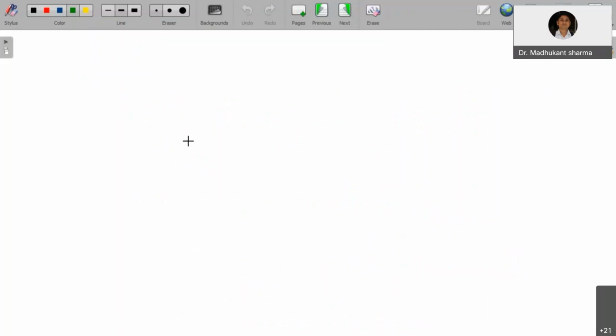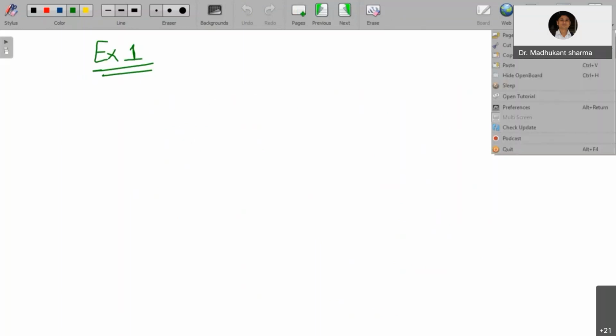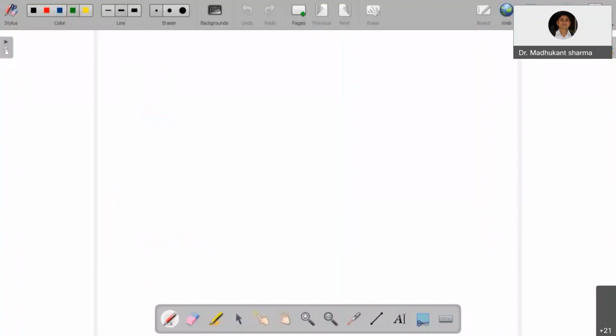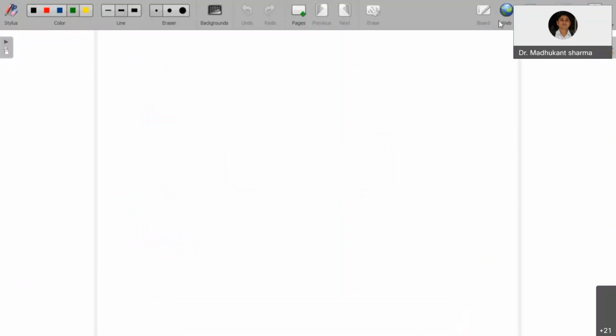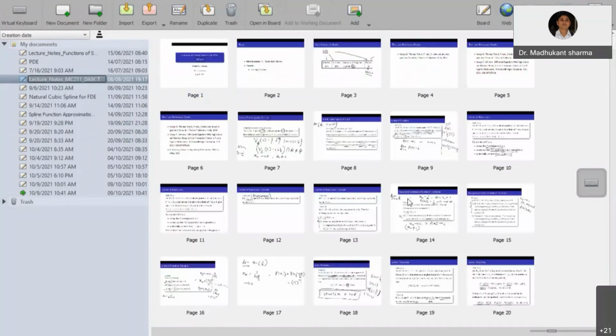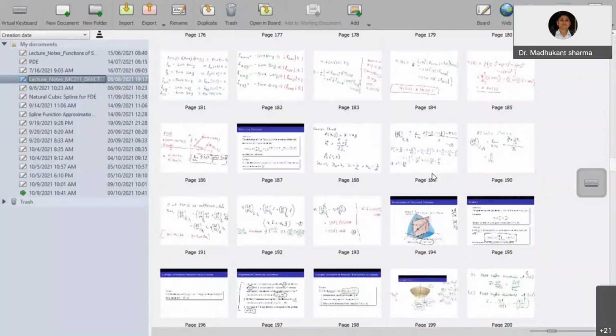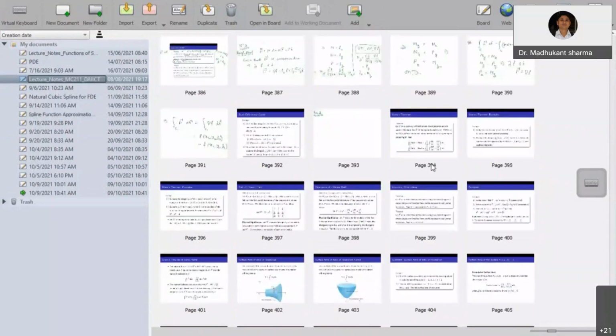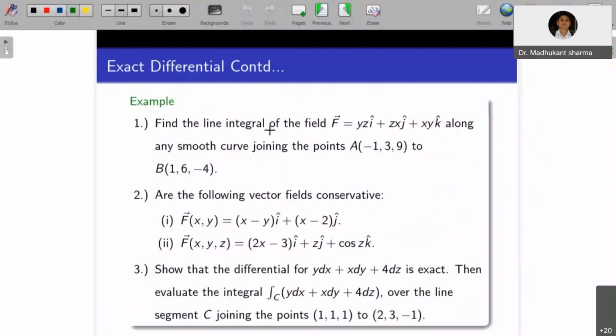So you are supposed to find the line integral of the following field.